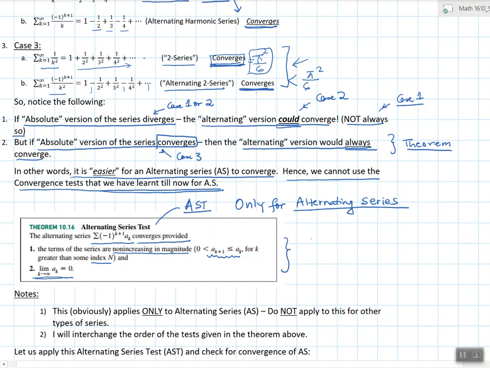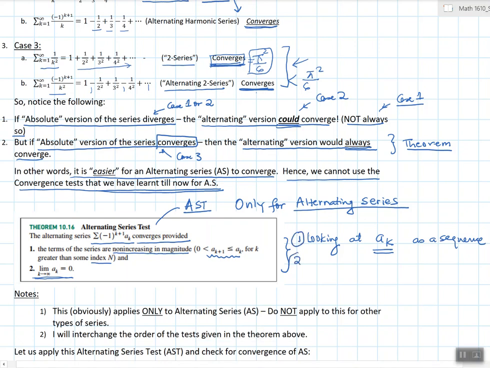So first thing to notice is we are looking at ak as a sequence here. Second thing, so this is the first thing.